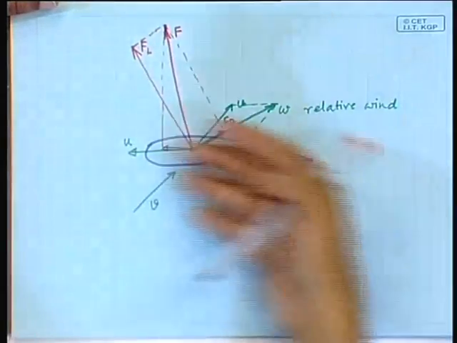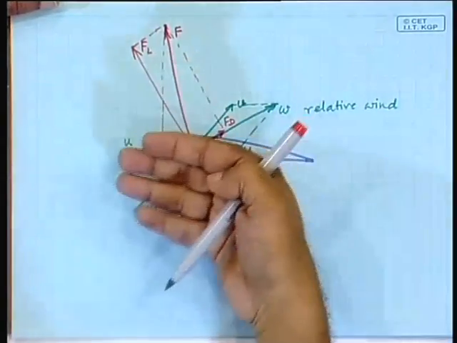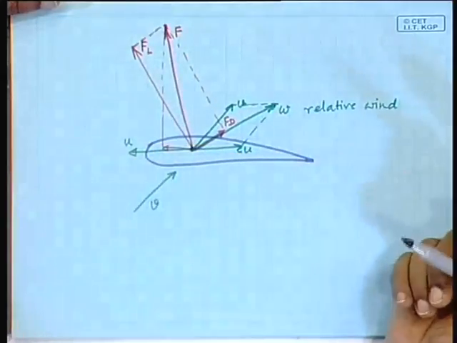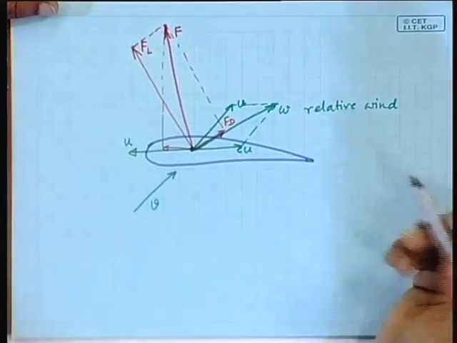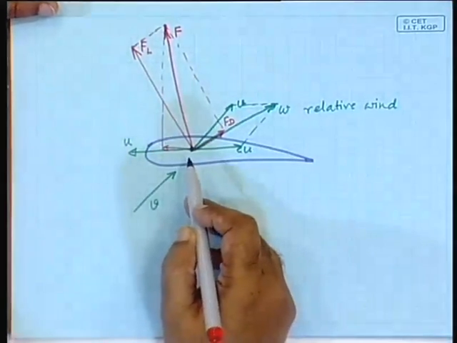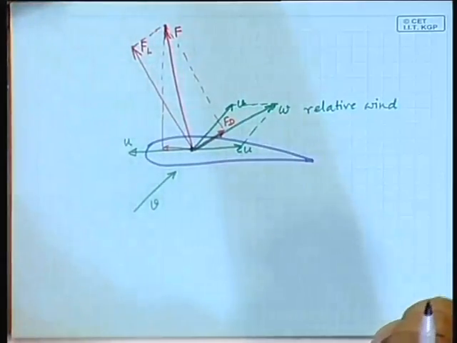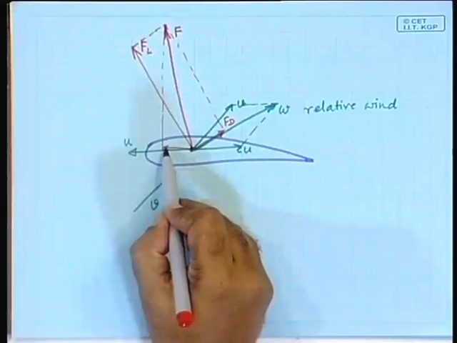It will aid its motion. That means it is this force that will make it move in the direction it was moving already. Can you see that? So, because of this, actually the wind turbine rotates. Modern wind turbine rotates because of this force.